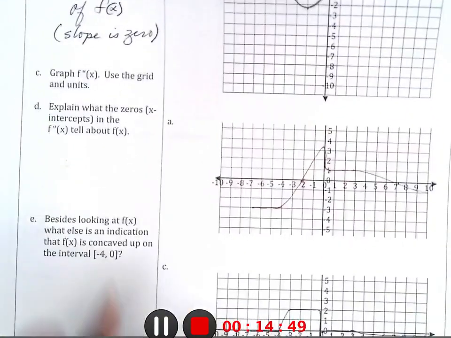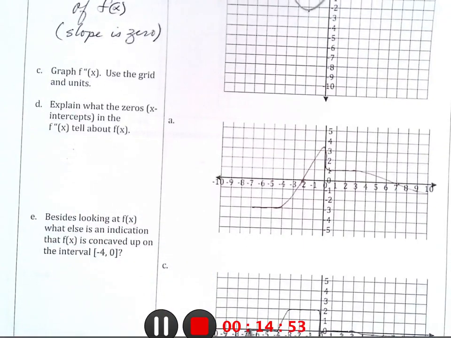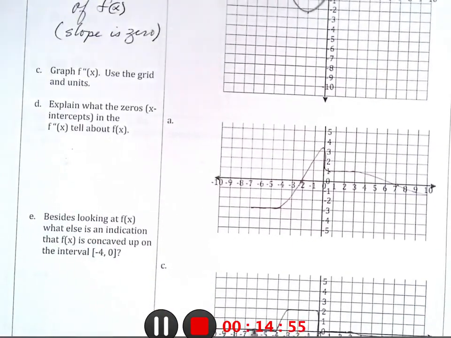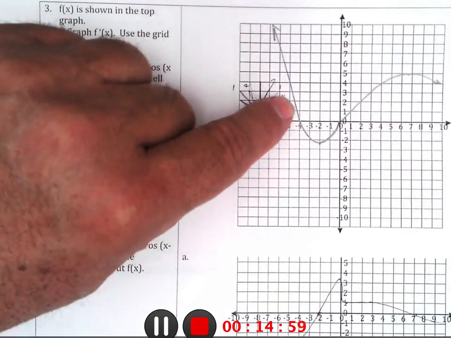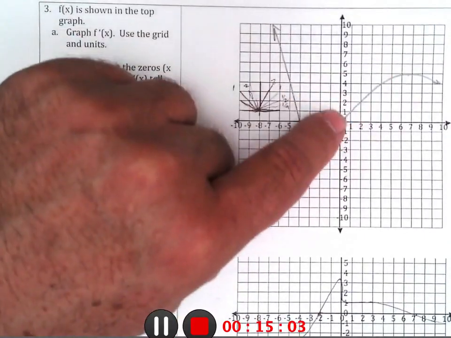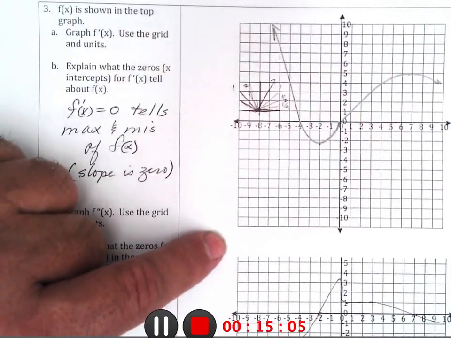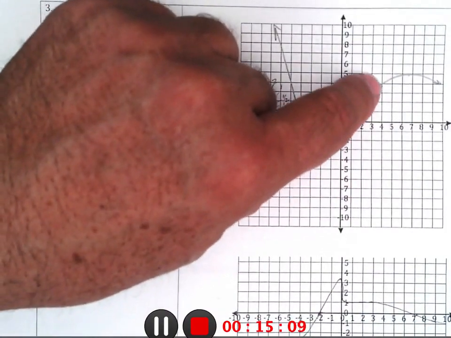What do the zeros of this one tell us? Well, these zeros are where it's straight in the original function up here. And this 0 is when this is straight. And this 0 is when the curvature changed. And this is when it starts curving again.